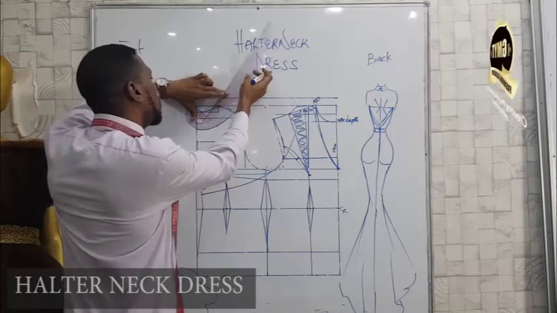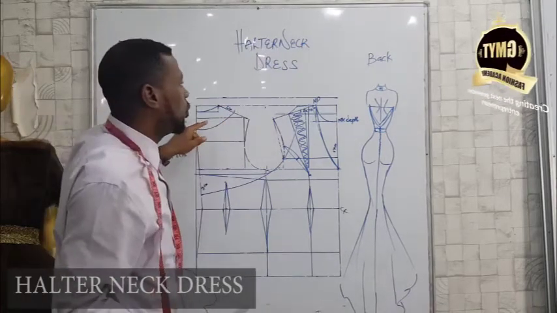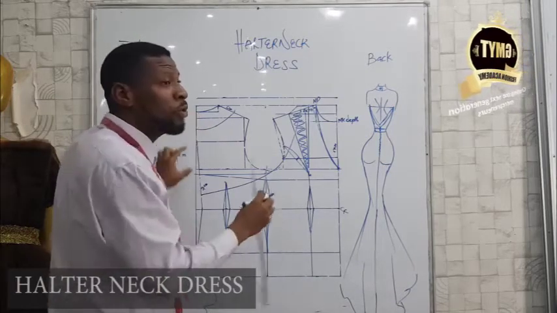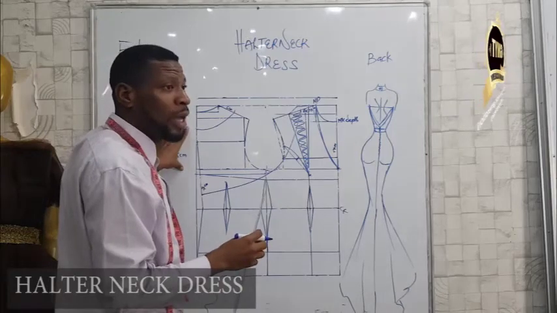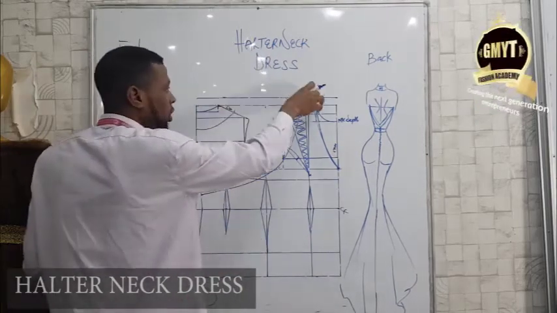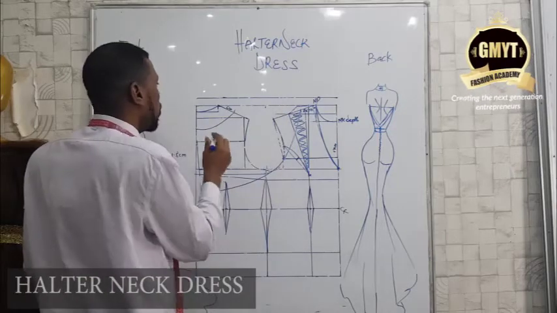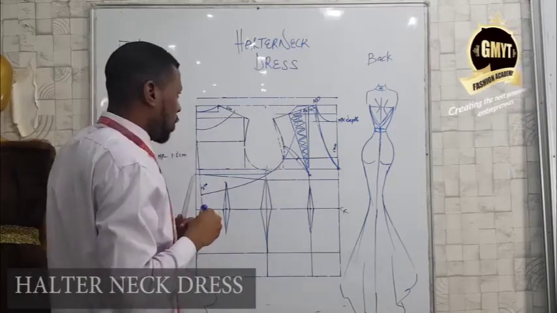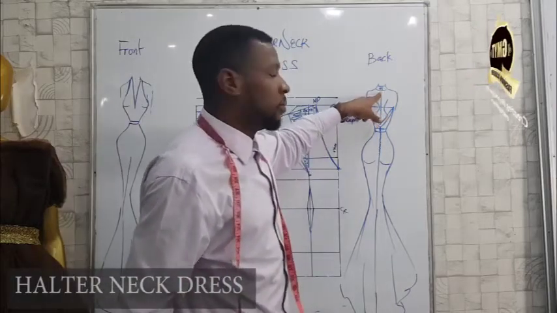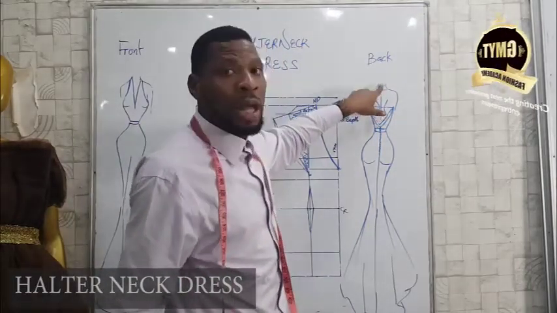Now, I'm just showing you this method as well, because the pattern at the back is not something I can move on the board. So that's why I'm using this method. Now, once I place this one on this, it gives me the same thing as I would do. So now that you know that you are doing a halter that has a button, you know the back is lapping.